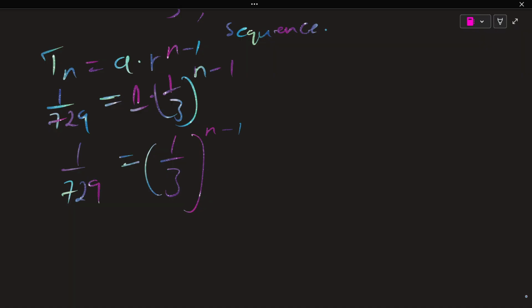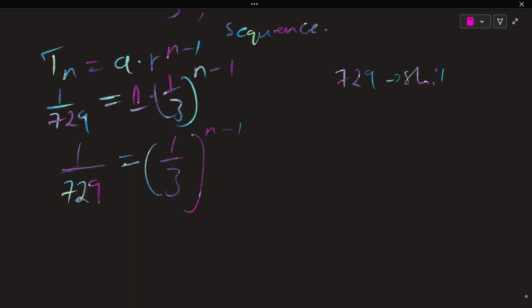Now we have a challenge here. We need to find a number we can raise to an exponent to give us 729. To do that, we go to the calculator.